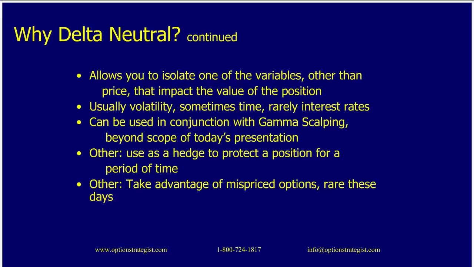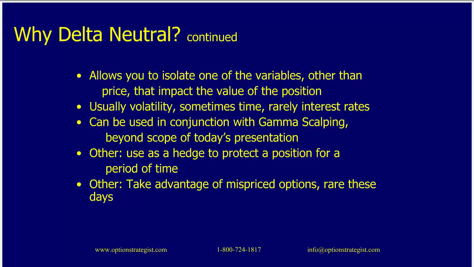Now, typically, think about this. Option premiums are based on three main variables. We have price, we have time to expiration, and we have volatility. You also have interest rates and dividends, but they're more minor, and a lot of stocks don't have dividends. So I'm not going to talk about them right now, just the three: price, time, and volatility.